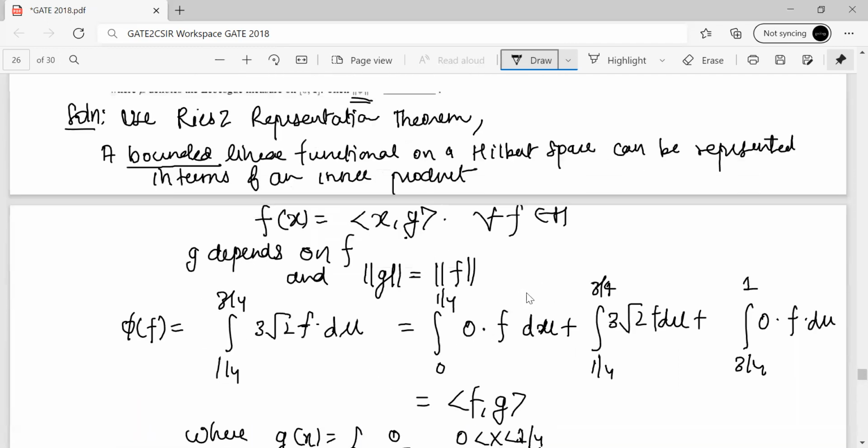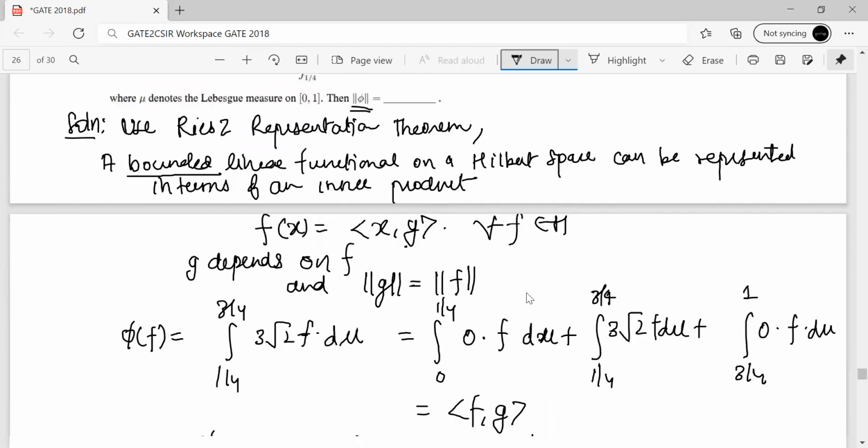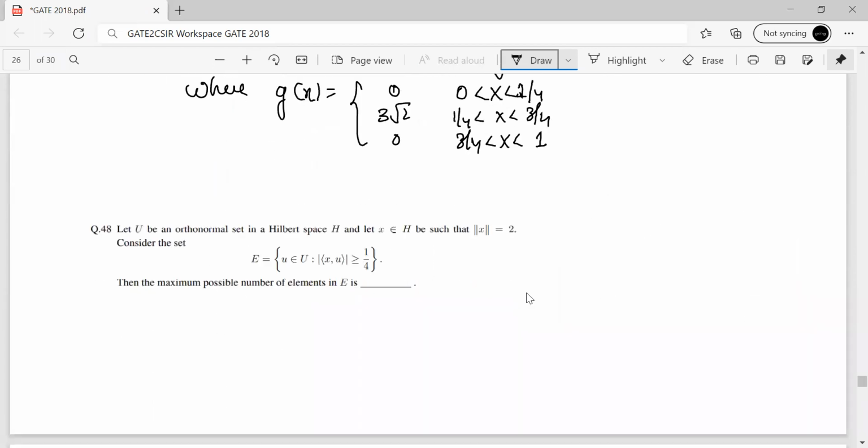So instead of finding the norm of this phi, I'll now find out the norm of this g. Okay. So the norm in L2 is given by the integral from 0 to 1 of mod g square d mu, whole power half. This is the norm in L2. So let us find out. Again, do the same thing: just split it.